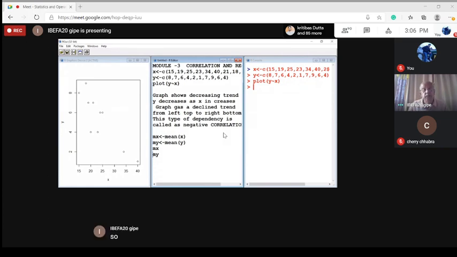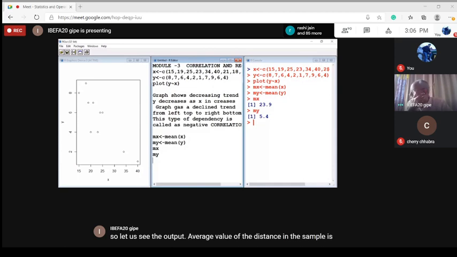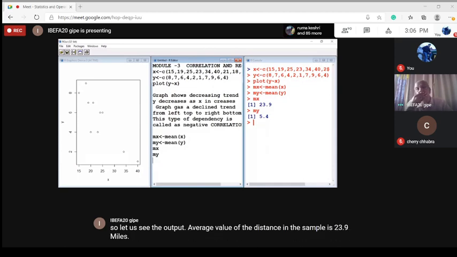So, let us see the output. The average value of the distance in the sample is 23.9 miles. The average number of customers coming to the shopping center is 540, that is, 5.4 multiplied by 100.